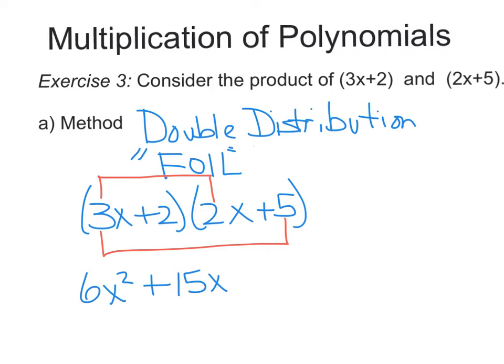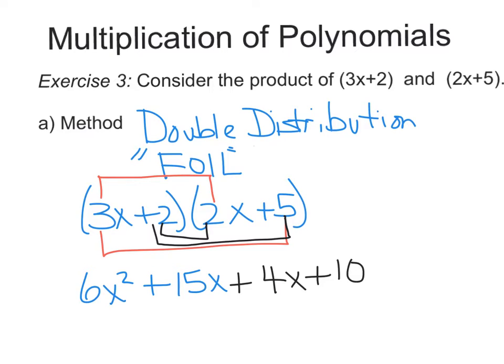Then I'm going to move on to multiplying the 2 in the first binomial times each term in the second binomial. 2 will multiply by 2x, and 2 will also multiply by 5. That's going to give me 2 times 2x, which is 4x, 2 times 5, which is 10.